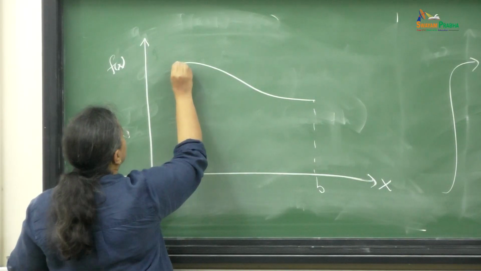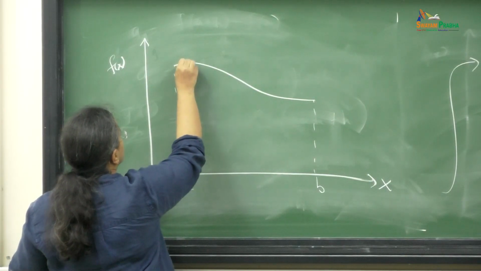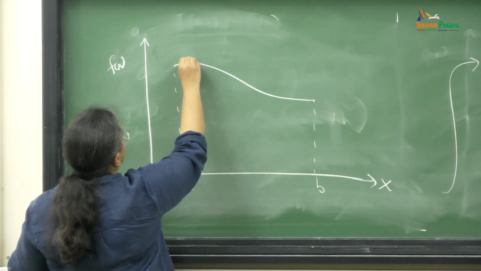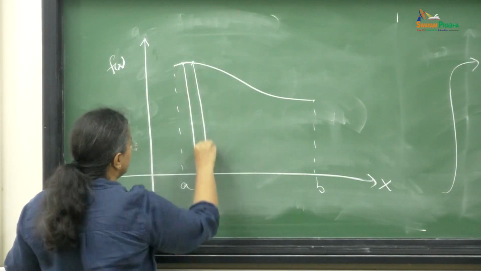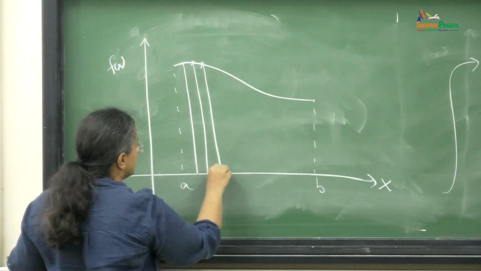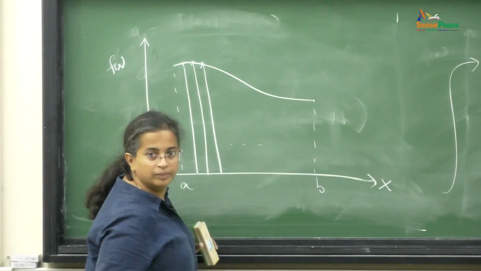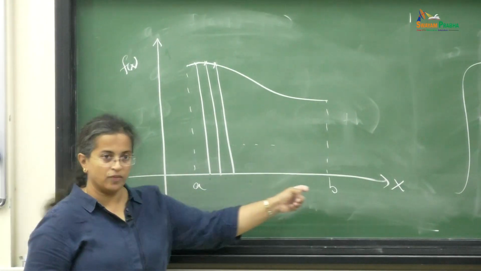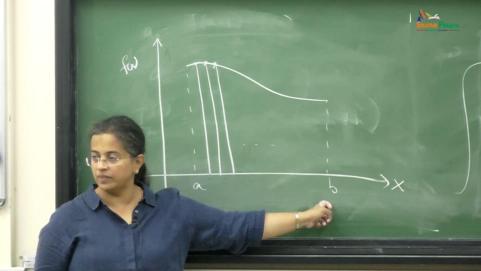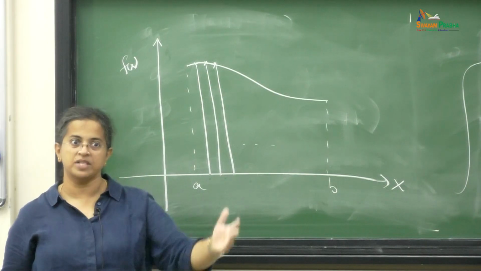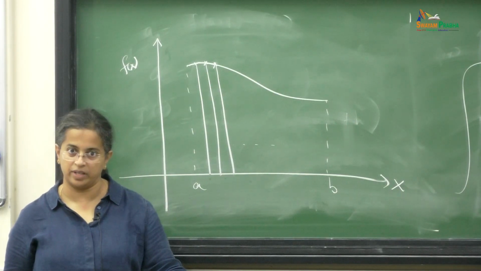So, you took a point here, constructed a trapezium, then you took another equally spaced point, constructed a straight line, trapezium, took another point, straight line, trapezium, and so on. In the limit where the number of points you have chosen equally between this interval a and b goes to infinity or h goes to 0, this becomes an exact way of evaluating.